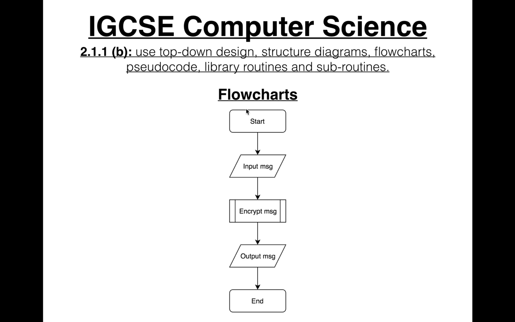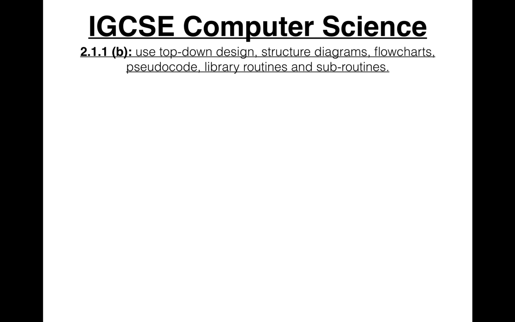So this could be the encrypt message subsystem. You input a message, encrypt it, and output the message. And that's it. But we'll look into flowcharts later in the course when we actually start building them.